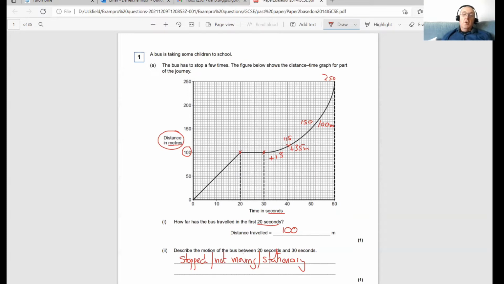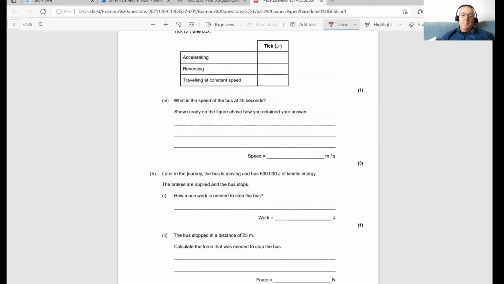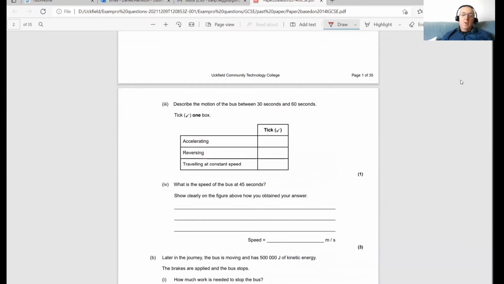So if we look at our question, there's only one mark for this, but you could be asked this question without the tick box. It could just say, describe the motion of the bus between 30 and 60 seconds, and it would be a 2-mark question.